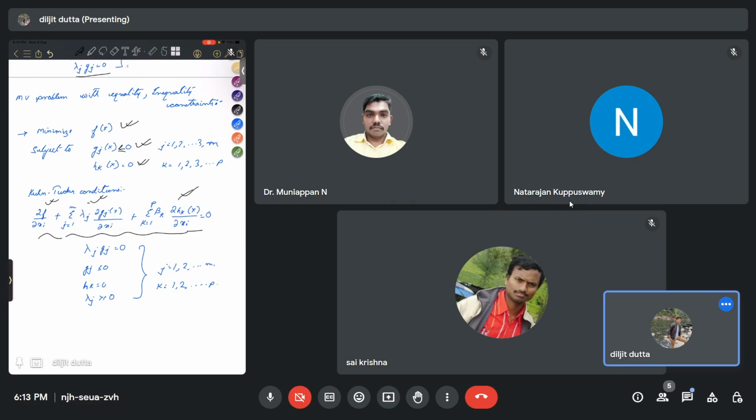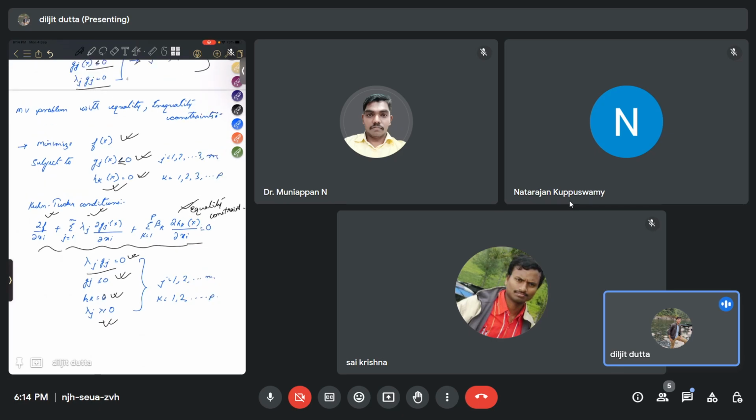The third term is related to the equality constraint. The conditions are: lambda j times g j equal to 0, this is the first condition. The second is g j less than or equal to 0, lambda j greater than or equal to 0, and lastly h k equal to 0, that we have already seen. So these are the Kuhn-Tucker conditions when we have both inequality and equality constraints.